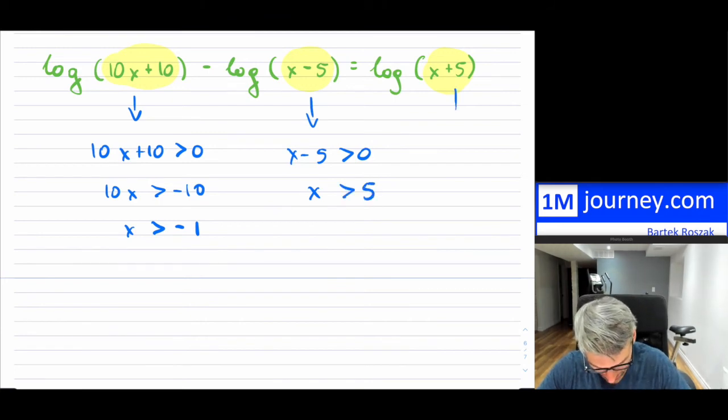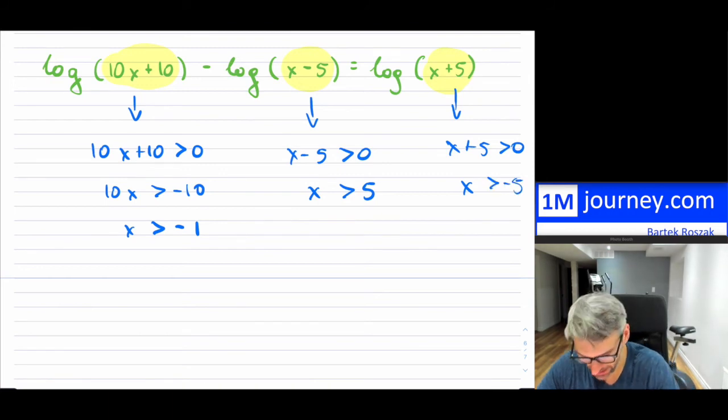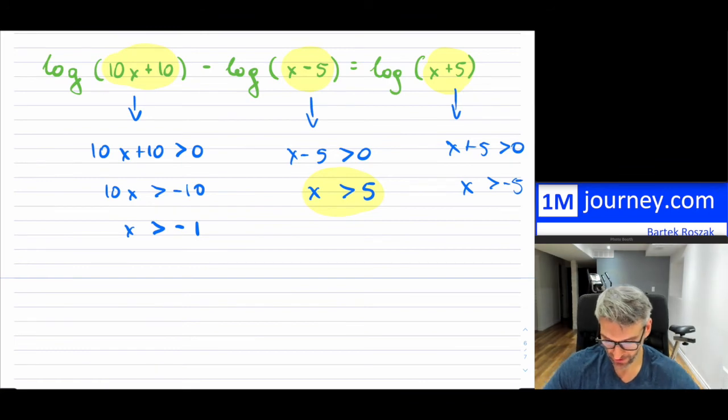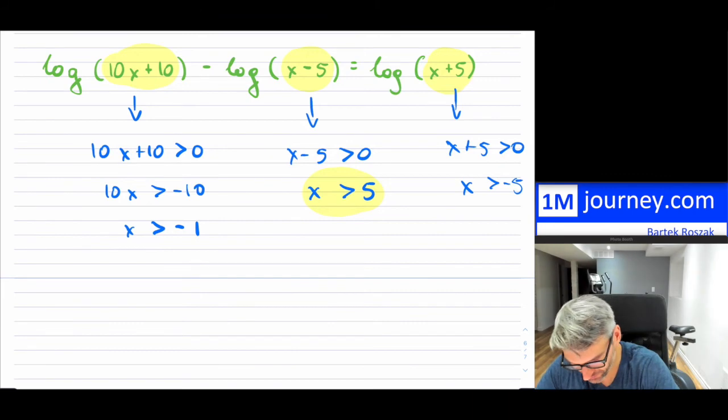And then finally from here, we have x plus 5 has to be greater than 0, so x has to be greater than -5. And now notice it's all greater than, and that means x has to be greater than 5. That's what we're going to be searching for in terms of our admissible solution to the equation.